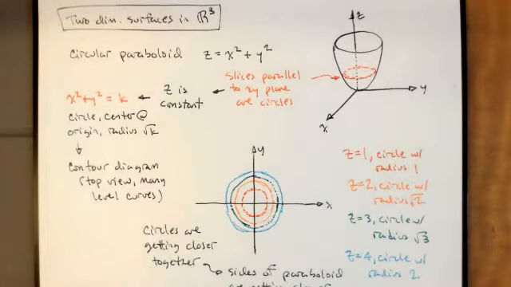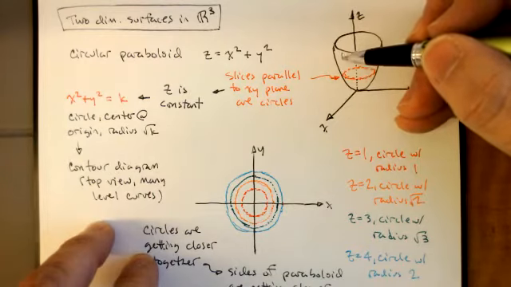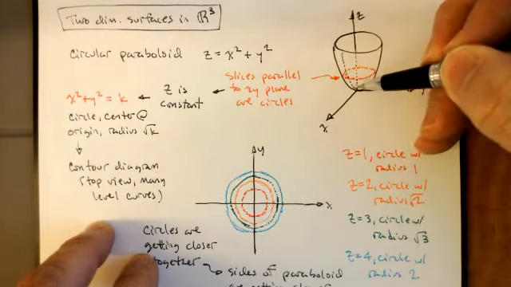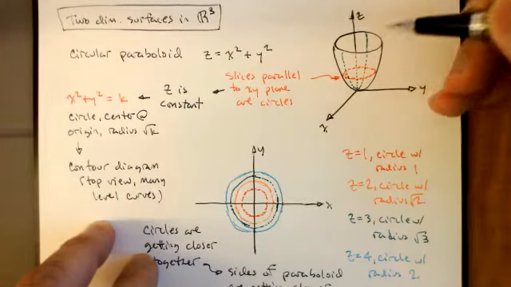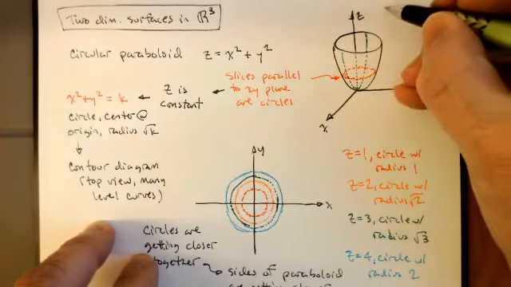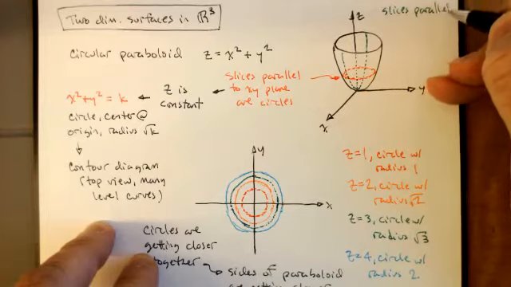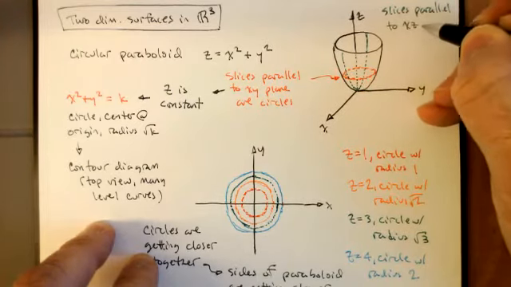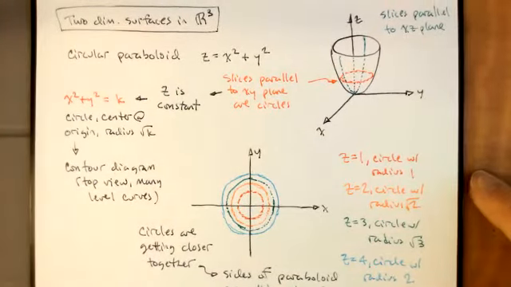If we slice parallel to the xz plane, we look at slices parallel to the xz plane, we're going to get parabolas.